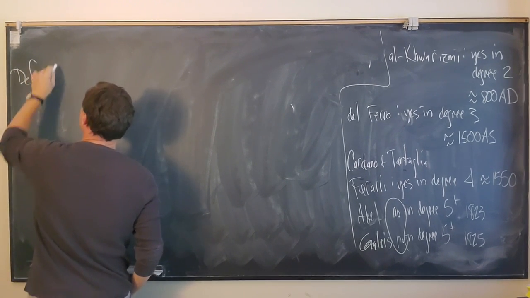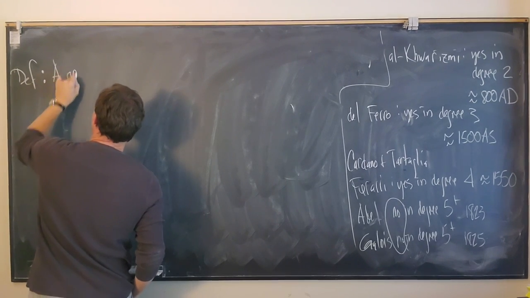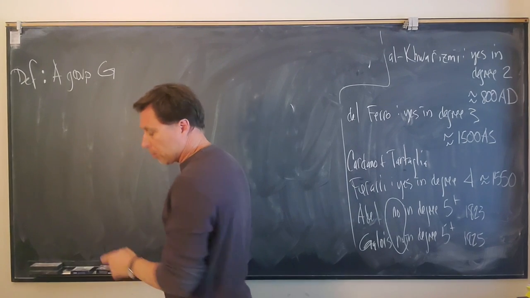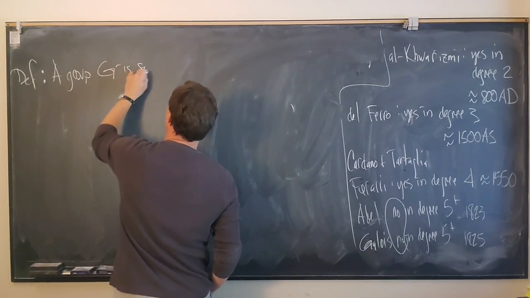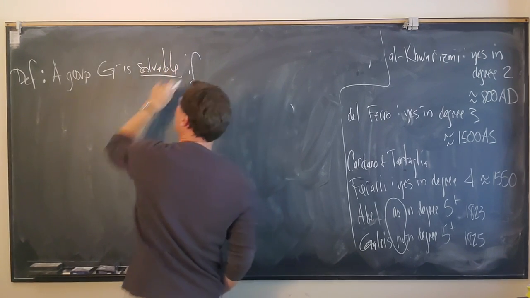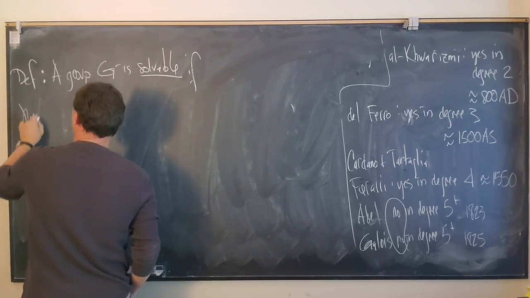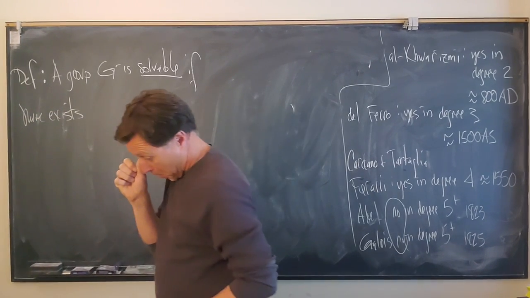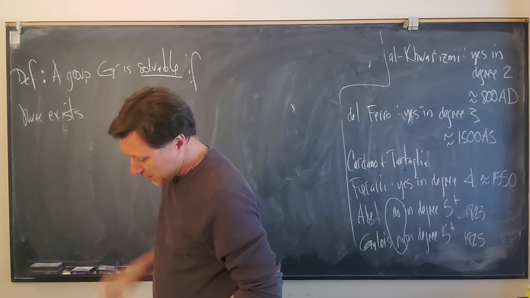Okay, so we need some group theory now. A group G is solvable if there exists what's called a subnormal series.